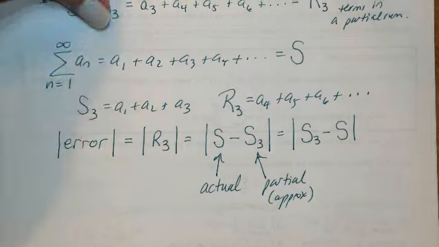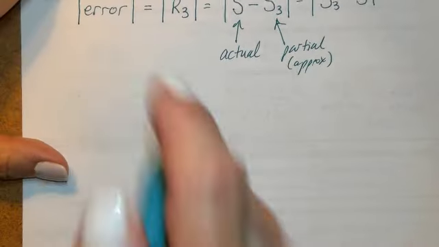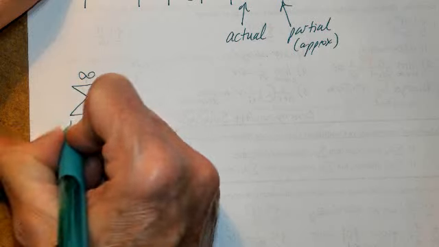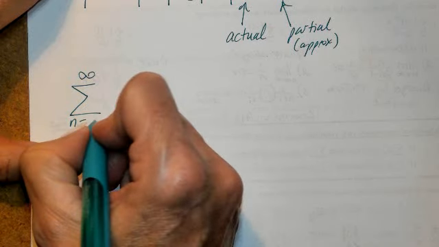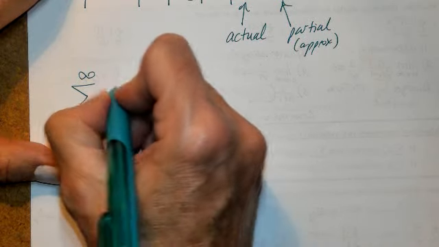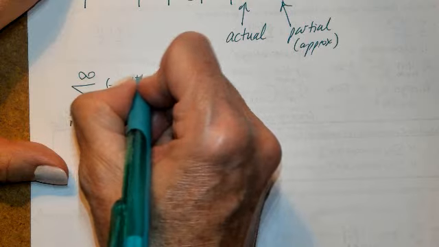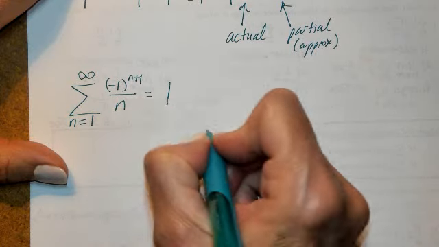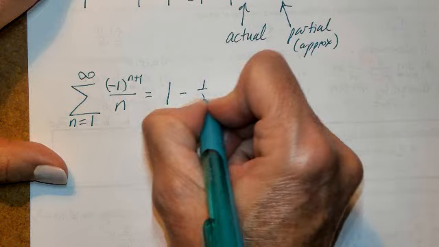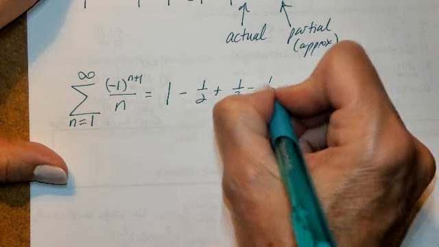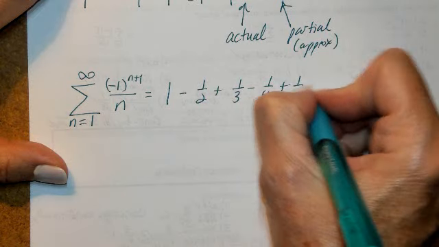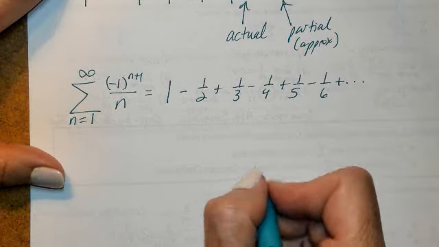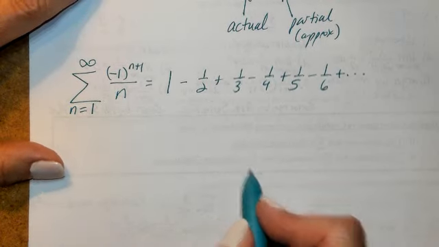All right, so let's take a look at our nice friend, our alternating harmonic series, which now we know converges. So the first term was 1 minus 1/2 plus 1/3 minus 1/4, etc. What if I said, okay, I know it converges.